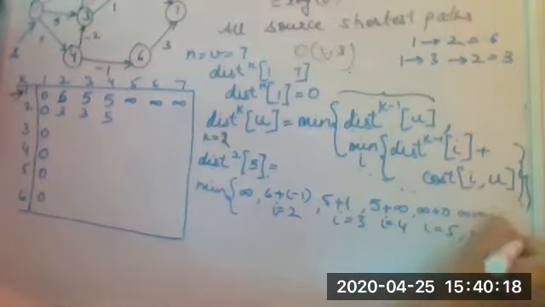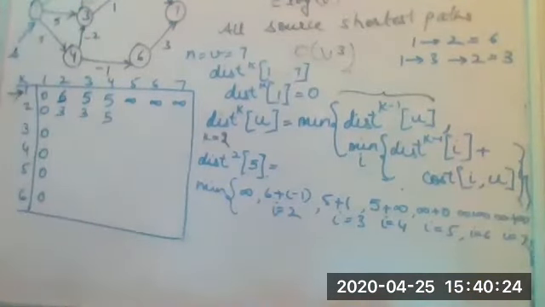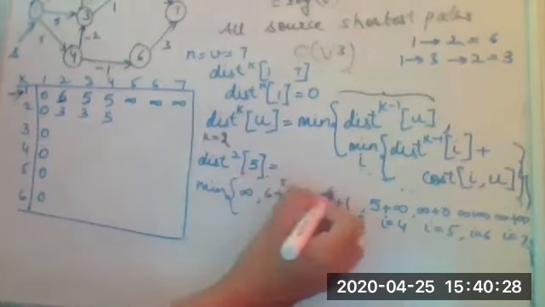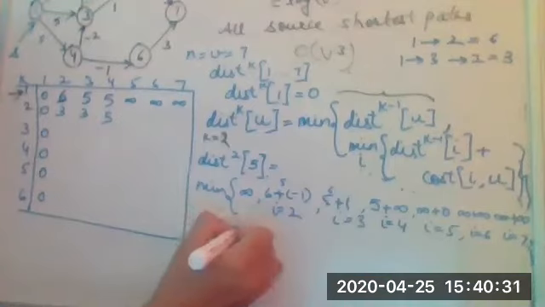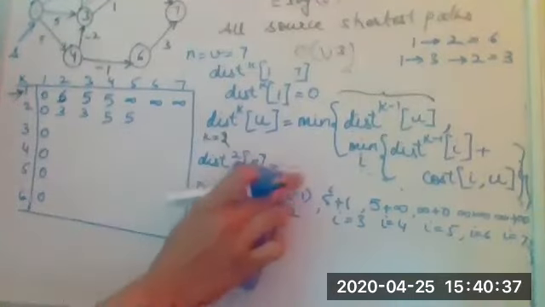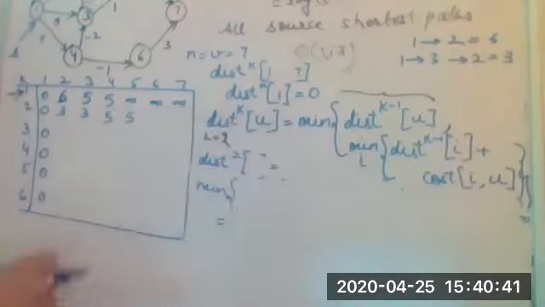I equal to 7, infinity plus 7 to 5, there is no path, so it is infinite. So out of this, this is 5, this is 6, this is 5. So the minimum value is 5. Let me put this 5 here. I hope this is getting clear to all of you.